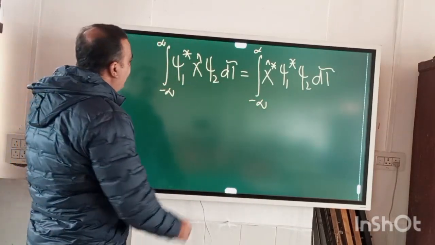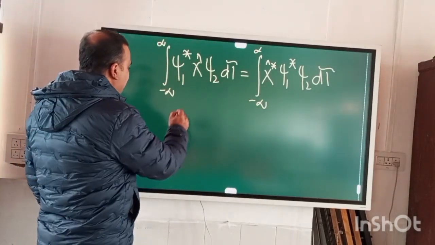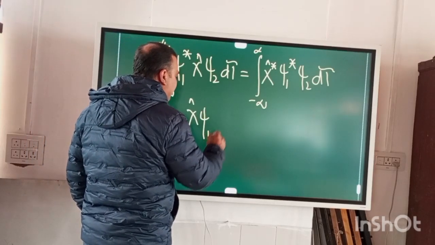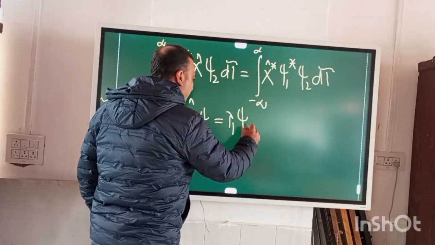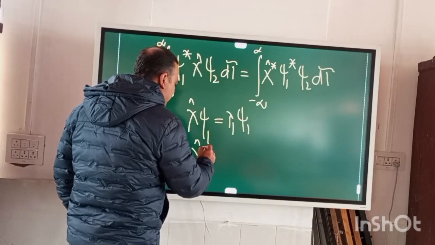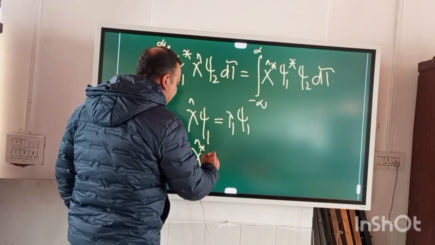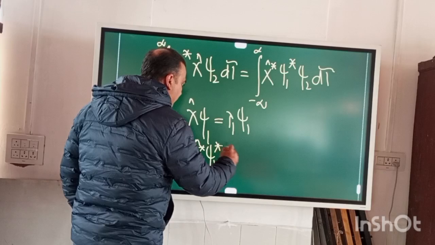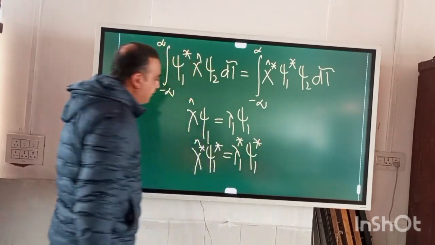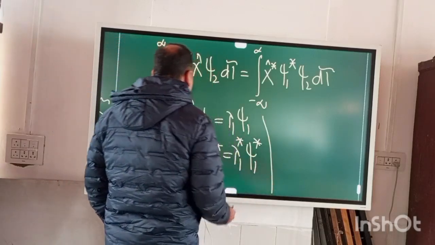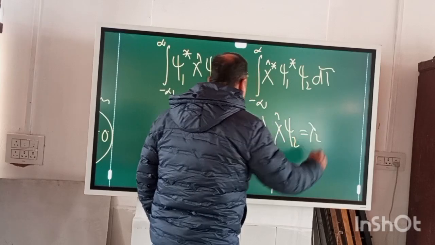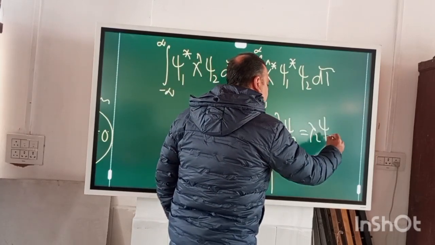We have x cap on psi1 giving lambda 1 psi1, and if I take the complex conjugate, x cap star psi1 star will be equal to lambda 1 star psi1 star. The same is true for x cap psi2 giving lambda 2 psi2.